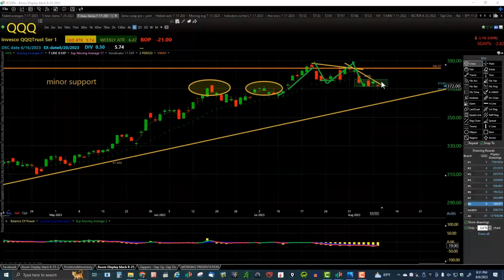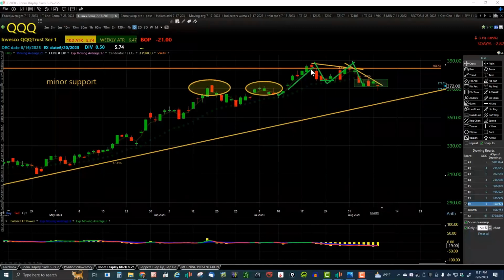Okay, so here we have minor support. See these two circles up here? That's the price action that points to the upside. And you can see here's the M pattern that breaks down. It's almost like a head and shoulders, just about, if you count these.